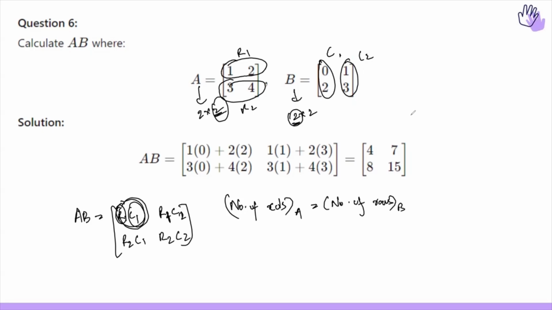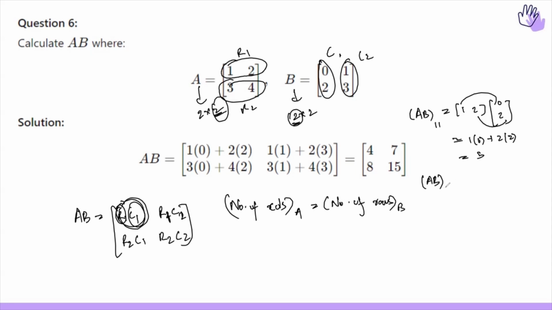So AB 1 1, the first row, first column element of AB, is basically 1 2 multiplied by 0 2. That is 1 into 0, 2 into 2, add them. So 1 into 0 plus 2 into 2, that is actually equal to 4. This is the first row, first column element of the matrix.